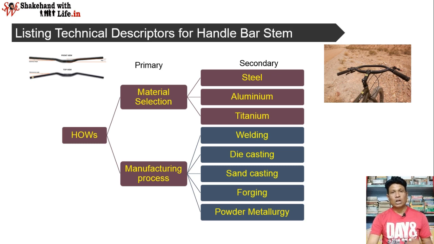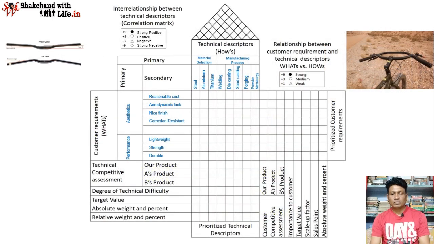And then the organization has to select the best manufacturing process, and at second level the organization has the following options: welding, die casting, sand casting, forging, and powder metallurgy. Okay, so here we list the technical descriptors in House of Quality.